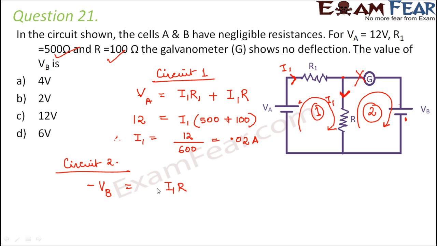So this would also be minus. So therefore, VB will be equal to I1R. So what is the value of I1? We just calculated it as 0.02 amperes. And what is the value of R? R is given as 100 ohms. So this into 100, which is equal to 2 volts. So the value of VB is 2 volts.